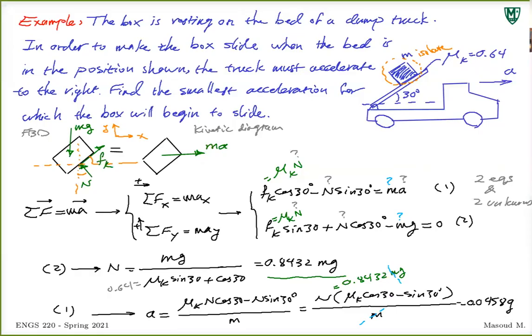Let me write it in a better form. We'll get A as, let's just round it up, 0.046 g.